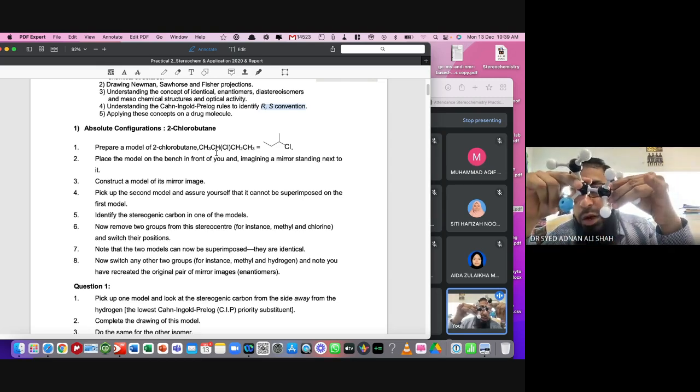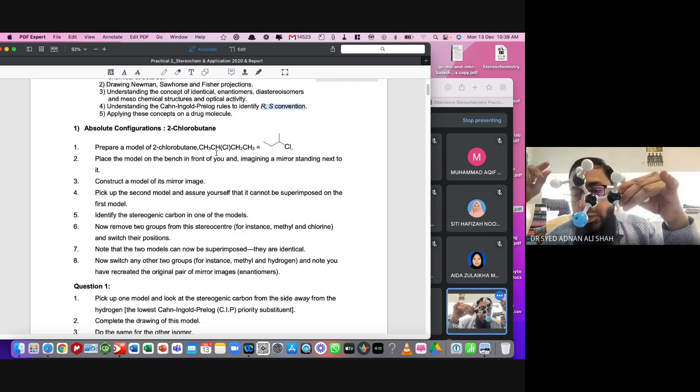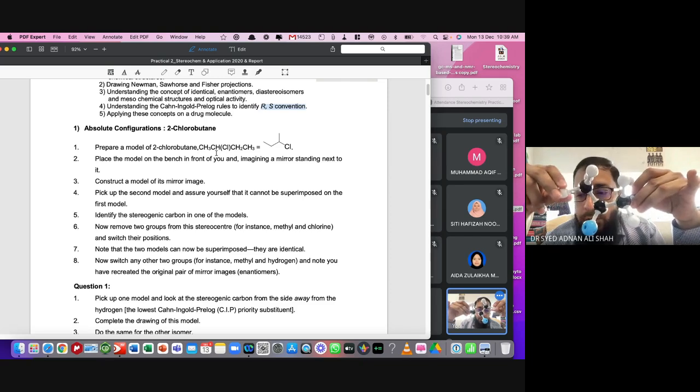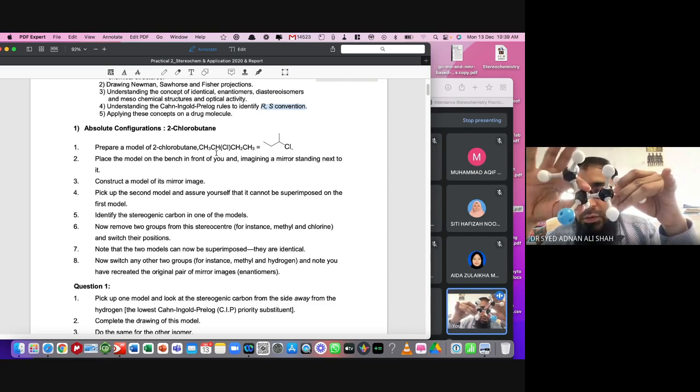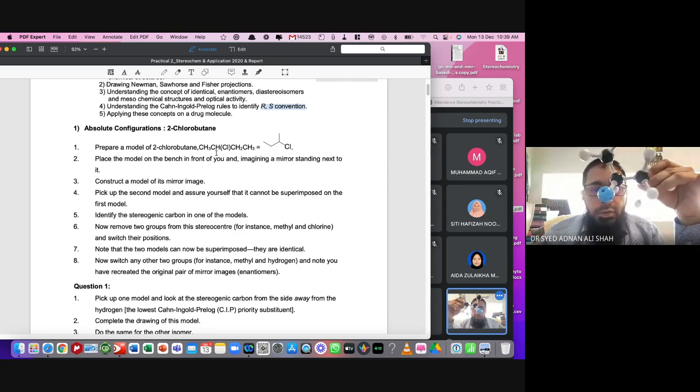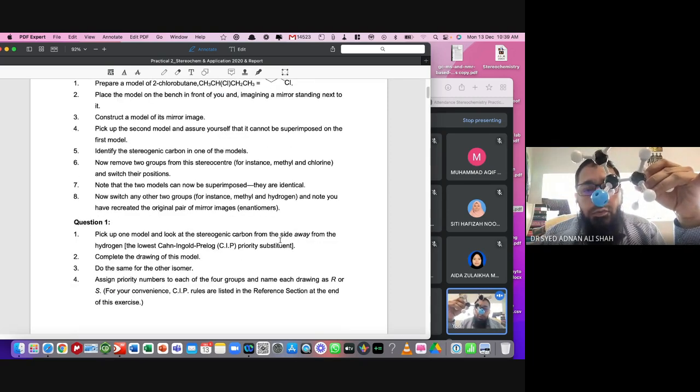So this has one stereogenic center. Is it okay? Can you see this carbon? Yes. Right. So that's how you have to go, right?